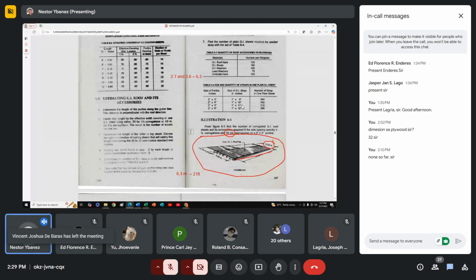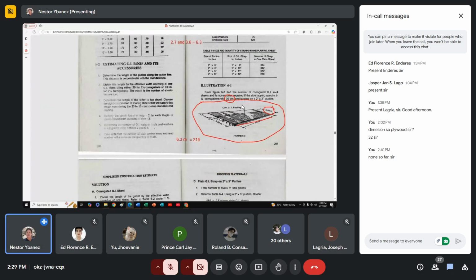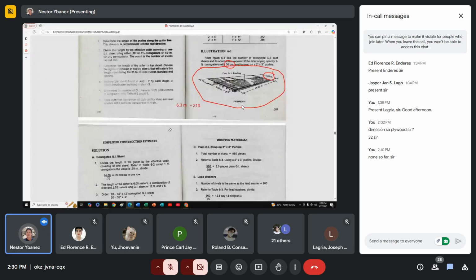The first thing we do is determine how many sheets to place along the 14-meter length. We divide by the effective covering. With 1.5 corrugations, the effective covering is 0.7.